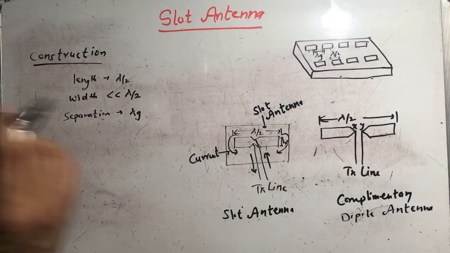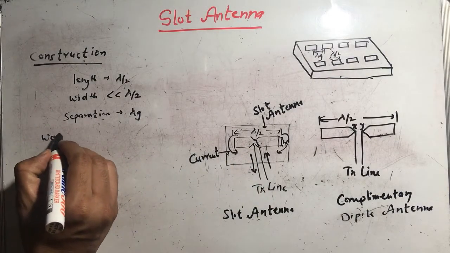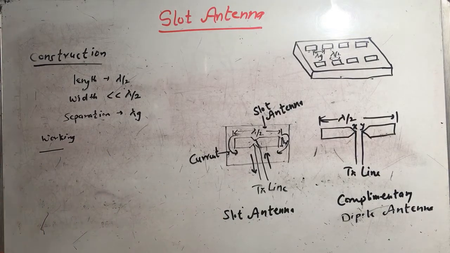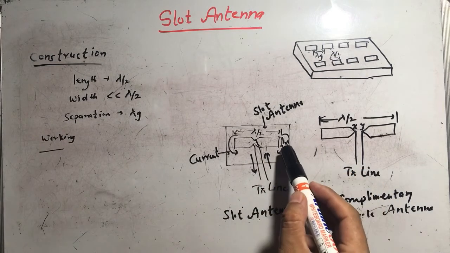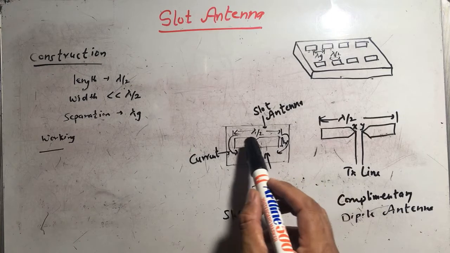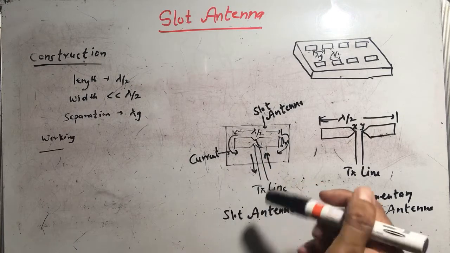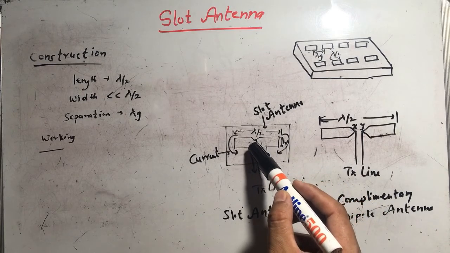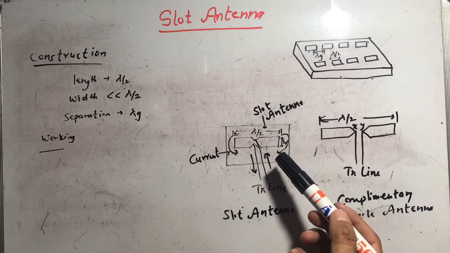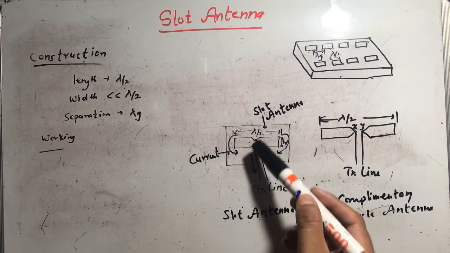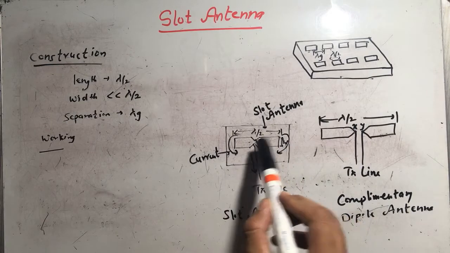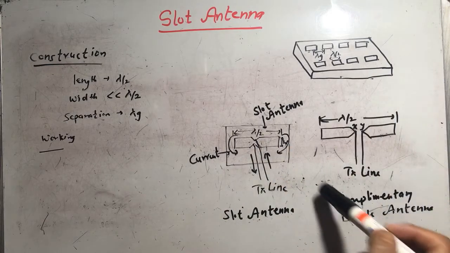Now, how it works. Let a slot of length lambda by 2 and width w be cut in a metallic sheet, and the transmission line is fed at points x and y. For analysis, let us consider its complementary structure, shown in this diagram.